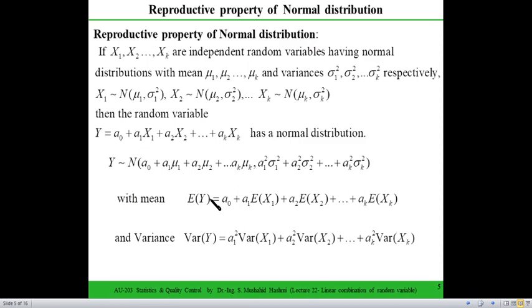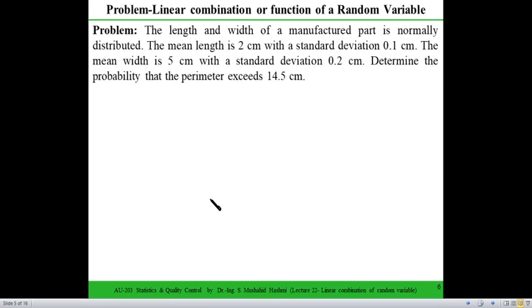This property is given the name reproductive property of the normal distribution, because if x1, x2 are normally distributed, then a linear combination of those random variables, here represented with the letter y, would be a random variable that is also normally distributed with the mean and the variance which we have already explained.